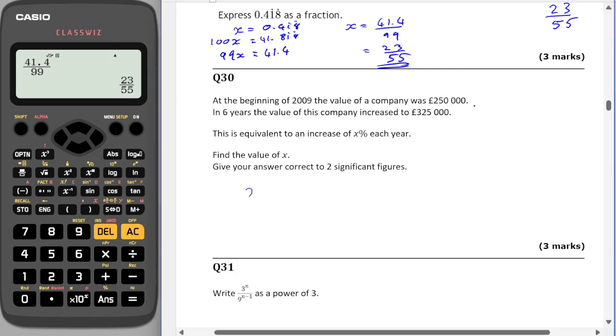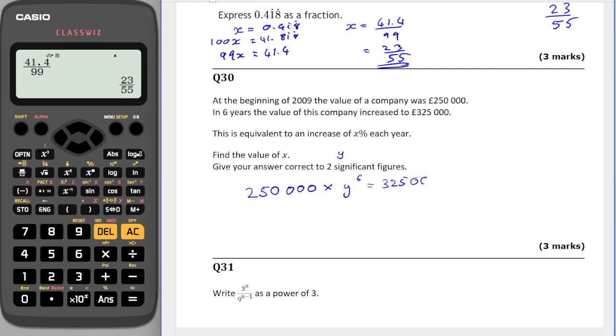So 250,000 times by, and I'm actually going to call this value y for now. The reason being, it's not actually going to give us x. y to the power of 6, in 6 years, and that's going to be equal to 325,000.